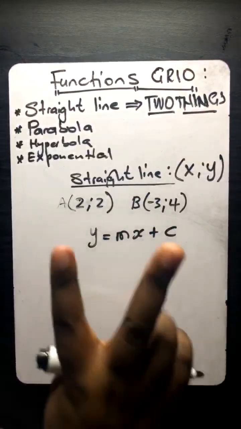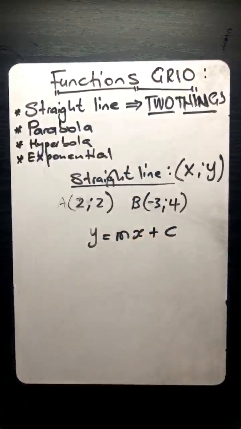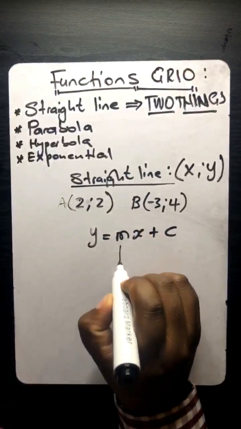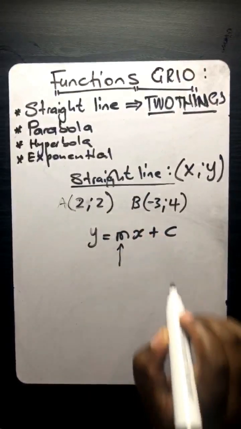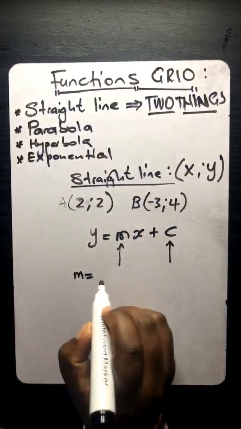So if you are given 2 points, or you are able to identify 2 points on a Cartesian plane, what you actually need to do is to give that value of m and also determine the c value. So when you have 2 points, your starting point is to find the gradient.